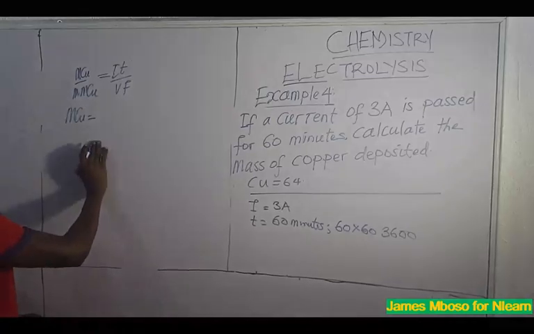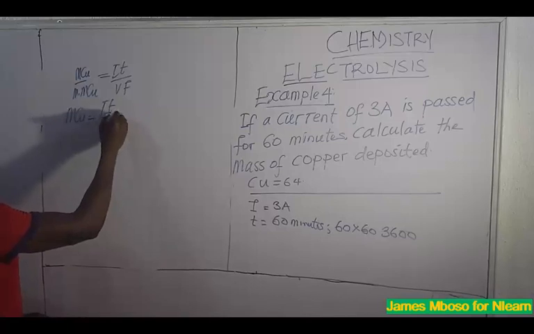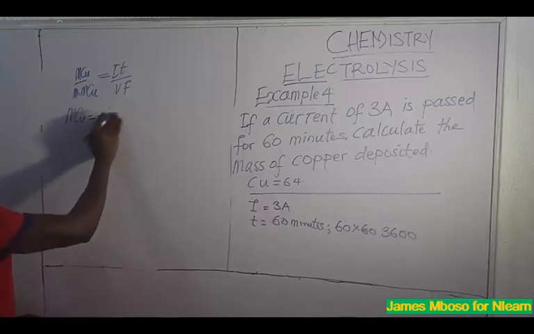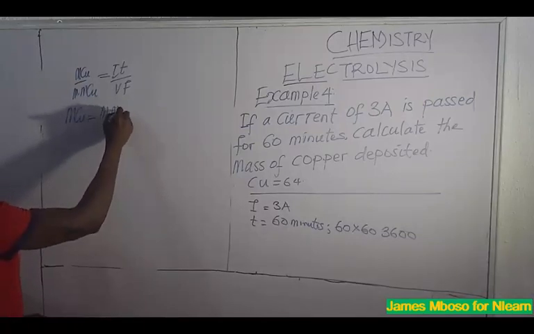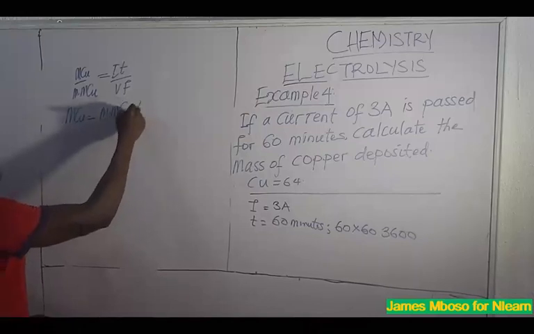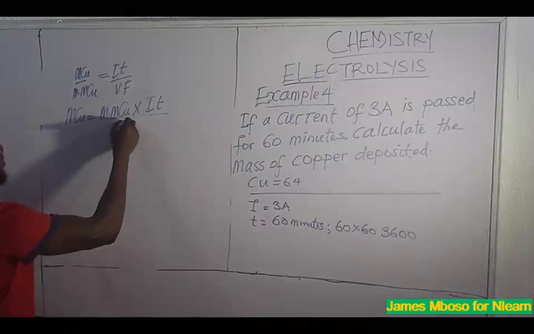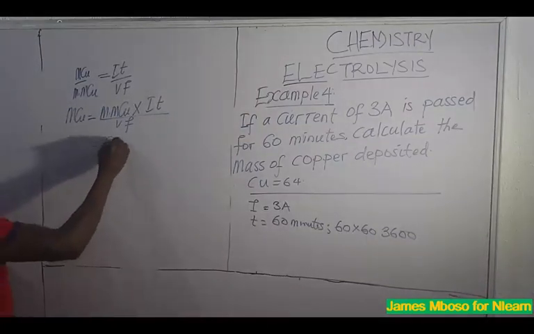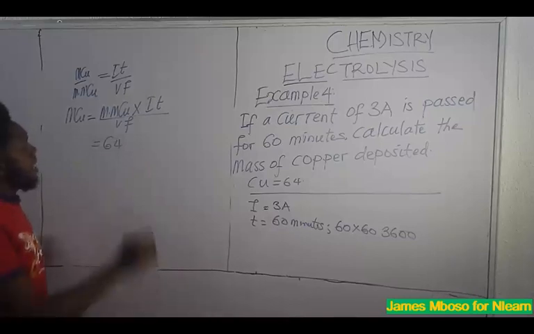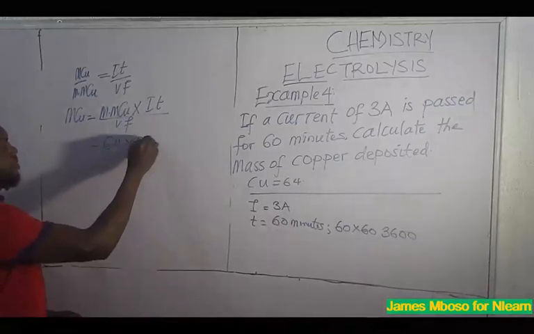We now have IT over mass of copper will now give us molar mass of copper multiplying by the mass times IT over VF. The molar mass of copper in the question is 64 and our I in the question is 3.